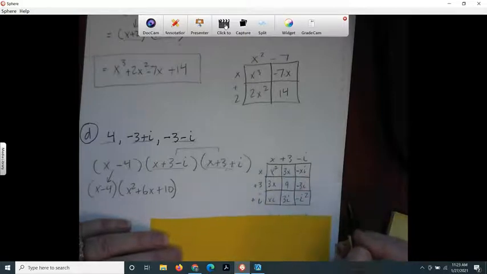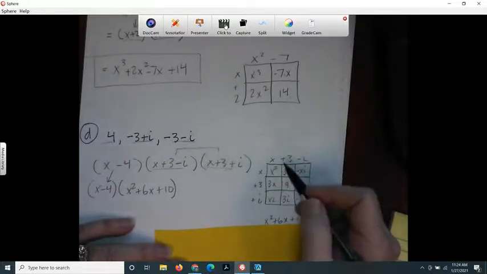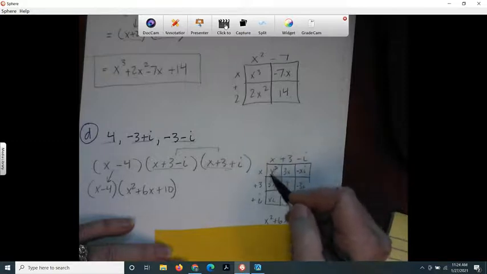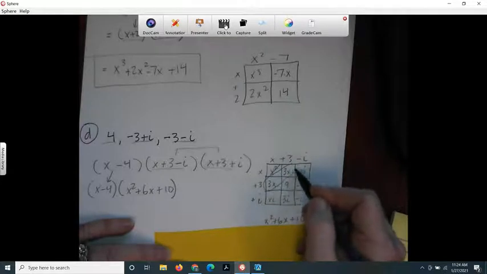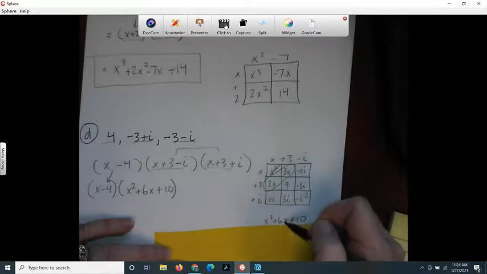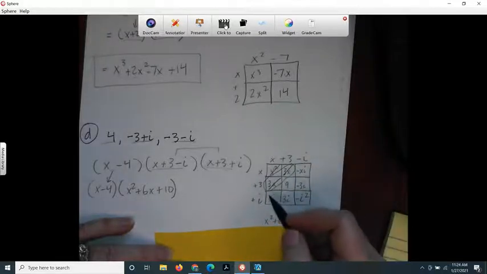Then you go through here and find the ones that you can combine together. On the inside of the box, I have an x squared, so I wrote that down. Then I have a 3x and another 3x, so that gave me my 6x. I noticed that there are a lot of things that cancel.